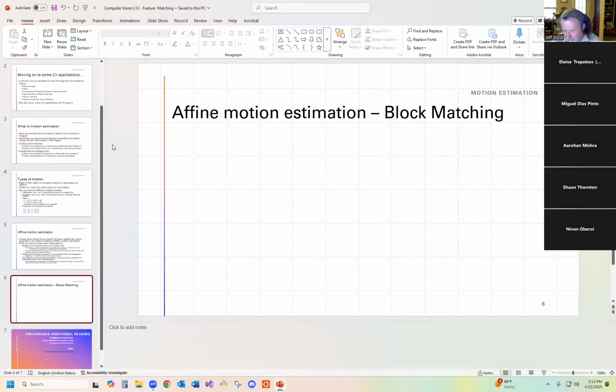So you do it with a brute force approach where you just match your first block to every block, your second block to every block. There are a lot of heuristics you can use to make this go faster. It's actually not as slow as you might think, depending on how you implement it.